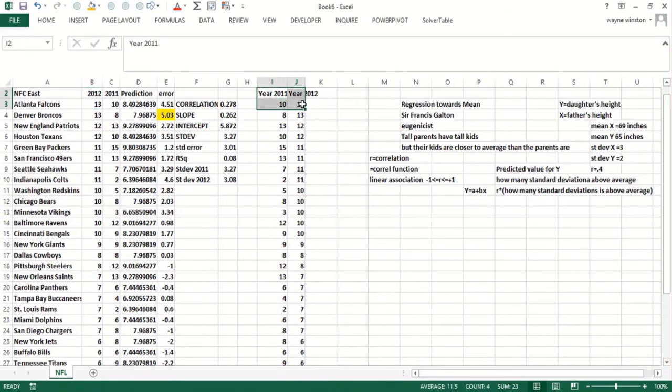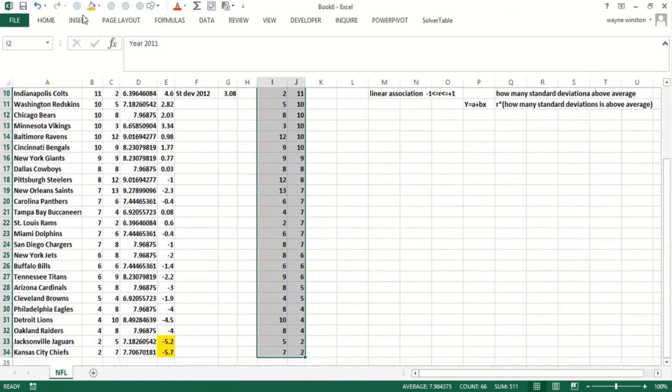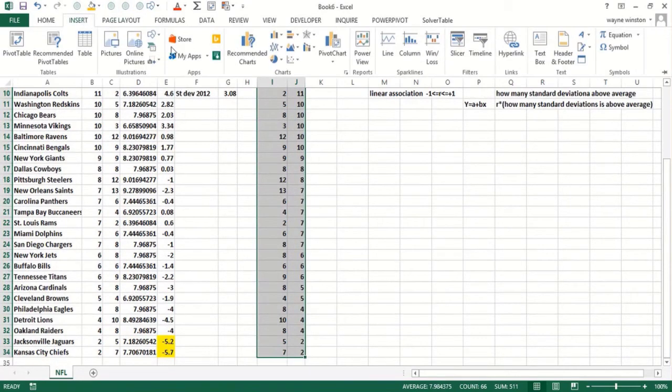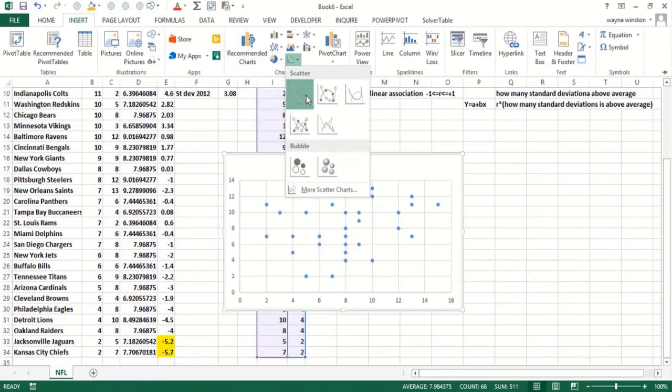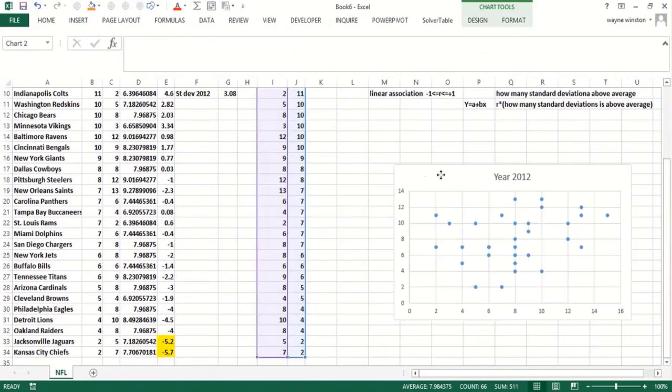So I flip this around, and if I do insert scatter plot, I can get a nice scatter plot of this data. X-axis is 2011. And so basically I can find the best fitting line here. And this is how many wins they won last year.